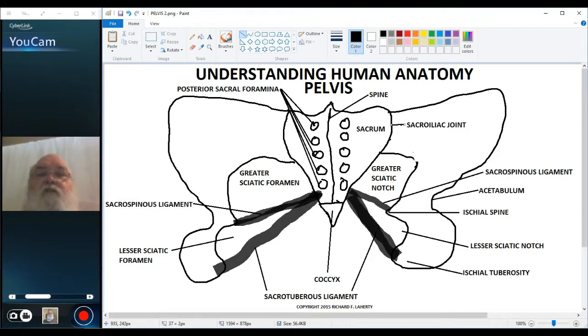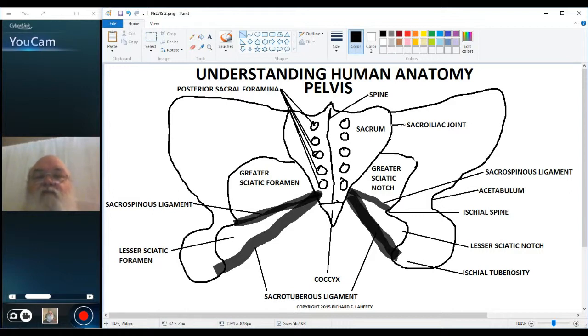The sacroiliac joint is a synovial joint, which means it's a freely movable joint. Although this joint does not move very much. It's held together by very strong ligaments. The articular surfaces are very wide and uneven, so it doesn't allow much motion at all. But it is a true synovial joint.